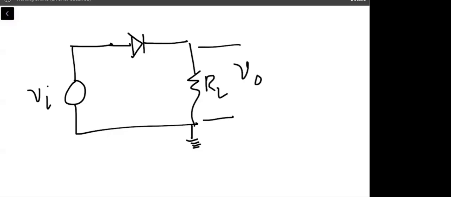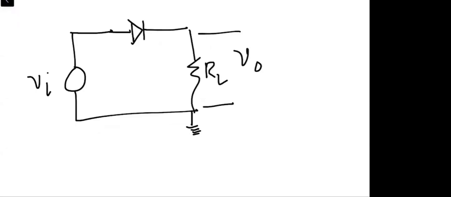This is the simple circuit which we have seen in the half wave rectifier. If we consider the diode as an ideal diode, for the positive half cycle we have the output like this, and for the negative half cycle the output is flat.